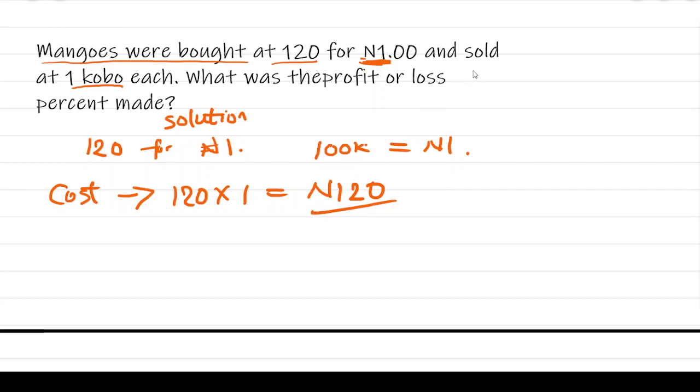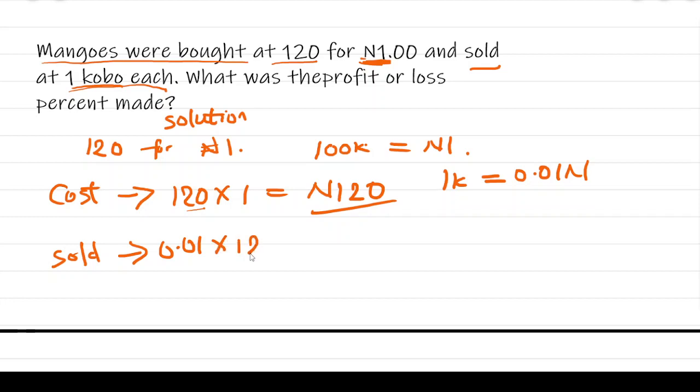But then you sold it at 1 kobo each. Wow. So 1 kobo should be equal to 0.01 naira when we divide both sides by 100. So you sold it at the rate of 0.01 multiplied by 120.